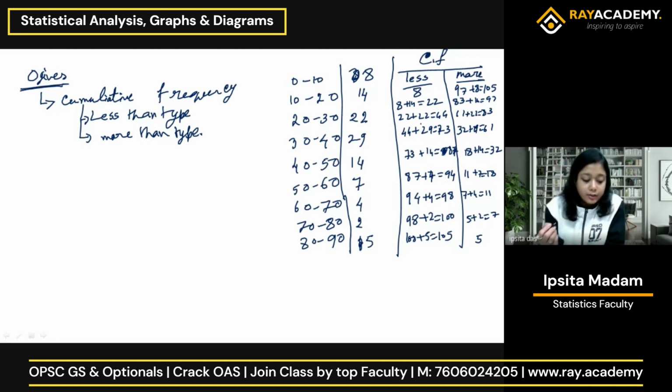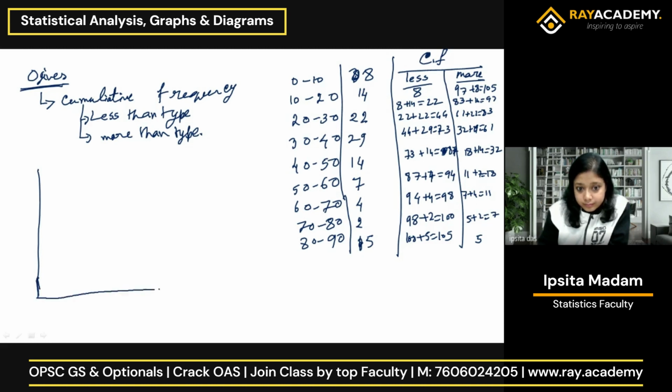Okay. And for these cumulative frequencies, suppose you have the data for it. For less than type, you take the numbers and also the upper limit of the class.